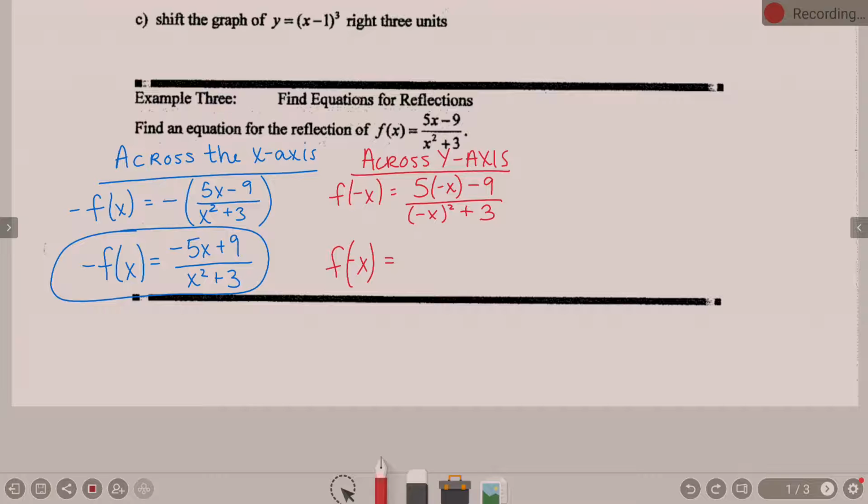So what is 5 times negative x? That now becomes negative 5x, still minus 9. What's negative x raised to the second? x squared. And then it's still going to be a plus 3. Okay?